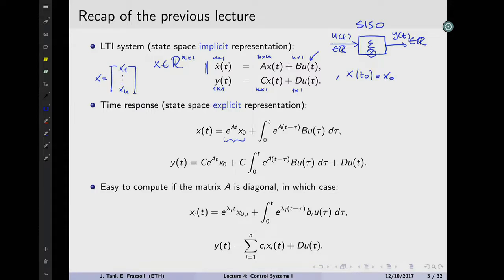We called it the initial conditions response, or the free response. And so note that this does not depend on u of t. Plus another term, this one here, which we called the forced response, which depends only on the u of t and not on the initial conditions, okay?